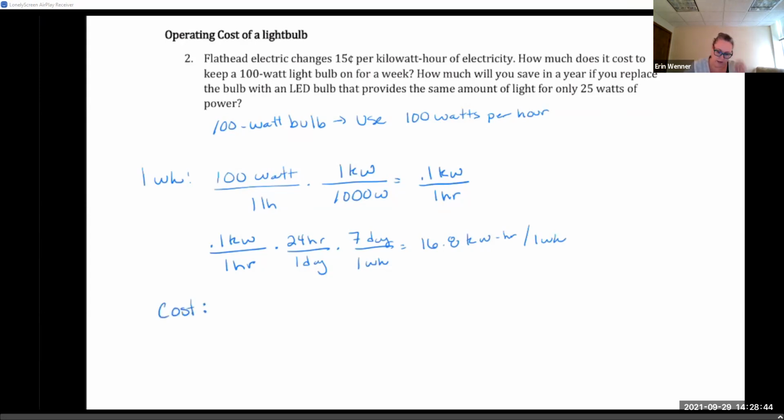Well, we take our total energy used and we're going to multiply it by the rate. They're telling us it's going to cost 15 cents per kilowatt hour.